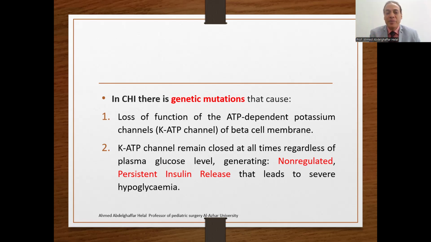The KATP channel remains closed all the time, regardless of the plasma glucose level. We said that this process is regulated by the level of glucose, whether postprandial or during fasting. Here, the channel is closed all the time, regardless of the plasma glucose, generating non-regulated persistent insulin release that leads to severe and fatal hypoglycemia in a neonate.